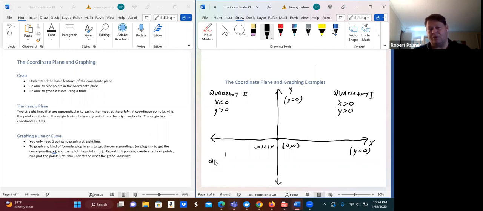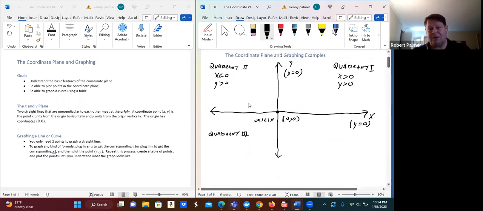Then go to quadrant 3. Quadrant 3 is down here. And as you might guess, since we're still to the left of the y-axis, x is still negative, less than 0. And since we're below the x-axis, in this case, y is negative.